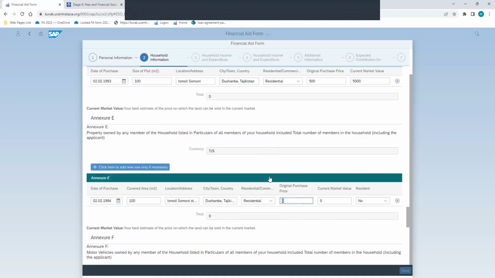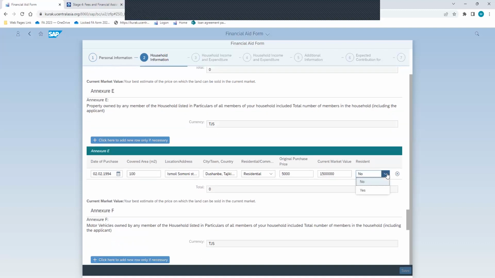And what is the original price for the house itself? It might be, I don't know, maybe it was purchased for 5,000 at that time, and now it costs like 150,000 or something like that. And if we are resident of that house, we have to indicate yes.